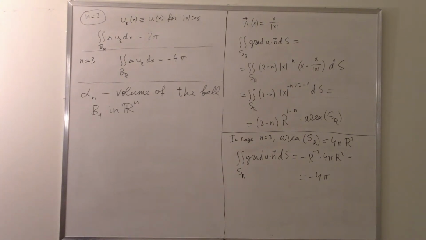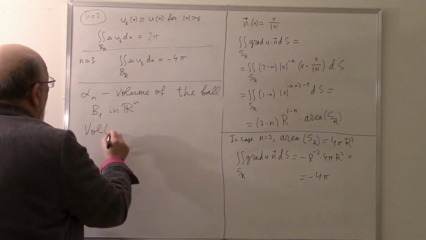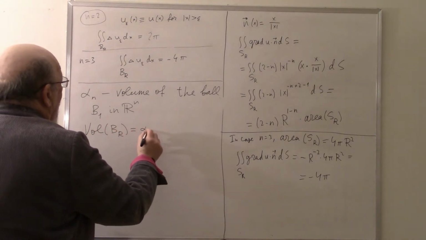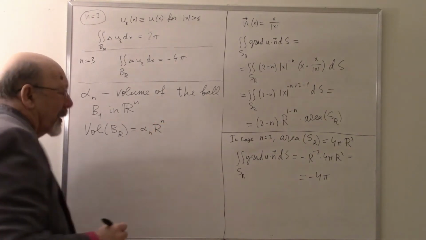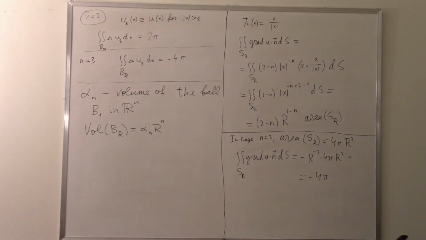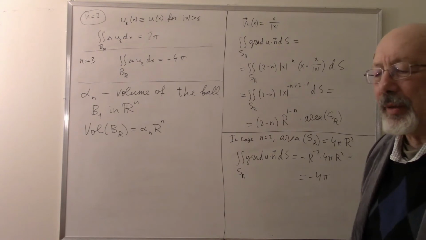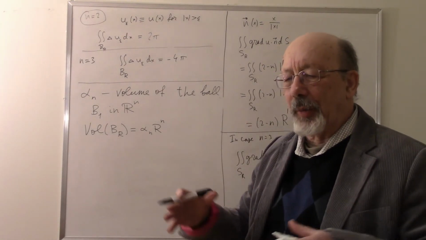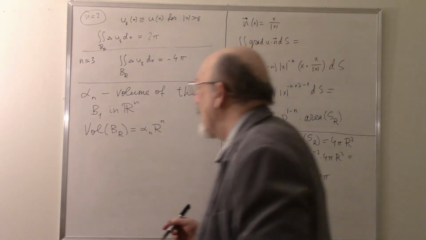Then the volume of B_r equals α_n r^n. It is easy to see, or you have to prove it. So the volume of any ball in n-dimensional space is proportional to the nth power of its radius.